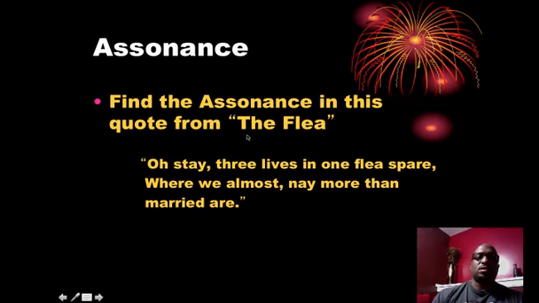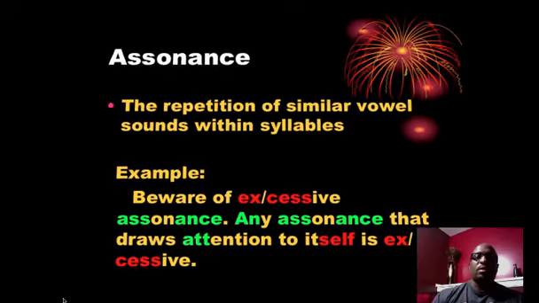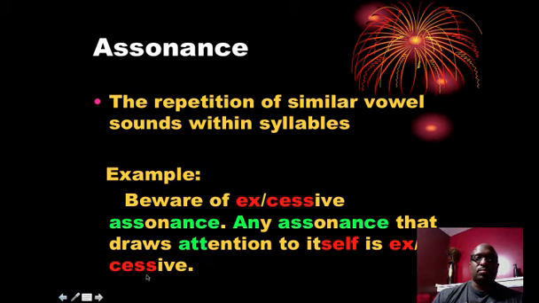Find the assonance in this quote. And let's go back for a second so I can further explain this. This is divided here because they're trying to point out how excessive and self, these two have the repetition of the same vowel sound.